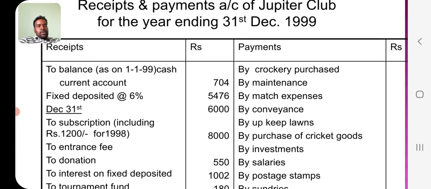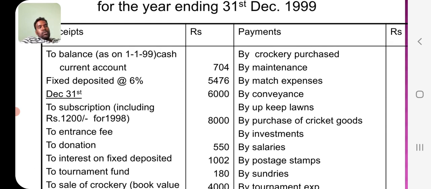See here, receipts and payments: balance as on 1-1-99, cash 704, current account, fixed deposit at the rate of 6%.